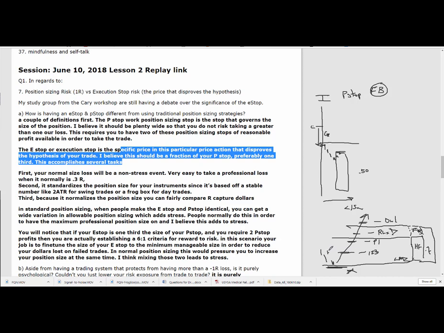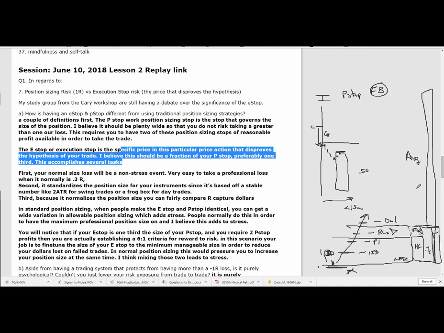Because my hypothesis, H, what a horrible H that was, my hypothesis is that this low of the day is going to hold as a swing low, and that the maximum reasonable intraday move is going to be a range stat, which we know is defined as, first of all, this full frog box off the bottom, plus an average range.